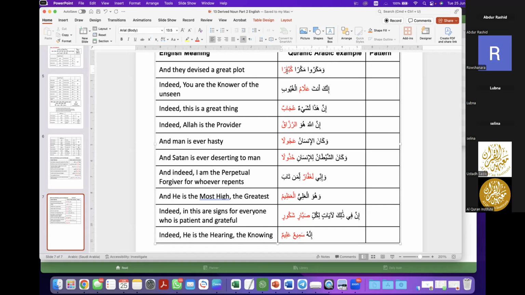Okay, but this is our question. Which ismul mushtaq is this? Kubbaran. Can anybody say it? Anybody here can say it, it will be great. Try. Guess. Could it be ismul fa'il? Yes or no? Quick. No. Could it be ismul maf'ul?